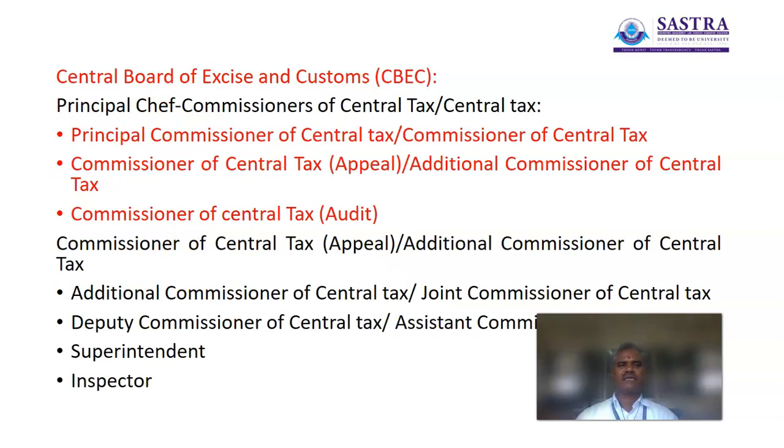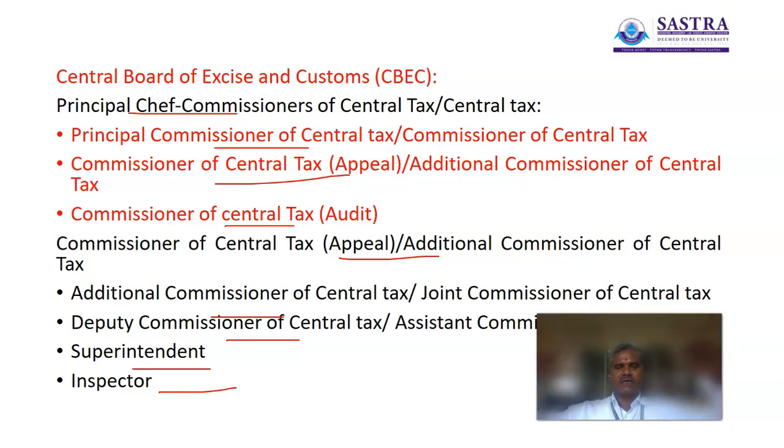The Central Board of Excise and Customs includes the following persons: Principal Chief Commissioner, Principal Commissioner, Principal Commissioner of Tax Appeal, and Commissioner of Central Tax Audit. So they come under CBEC. Then Commissioner of Central Tax Appeal, Tax Commissioner, Additional Commissioner of Central Tax, Deputy Commissioner, Superintendent, and Inspector. They have different offices at different levels. They will take care of all activities.